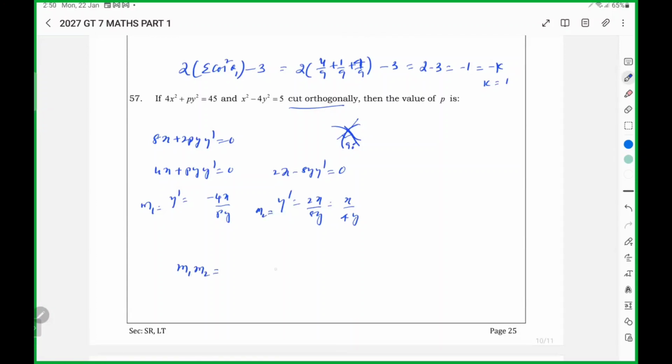M1 into m2 will be minus x1 square by, is equal to minus 1 because they told orthogonally.